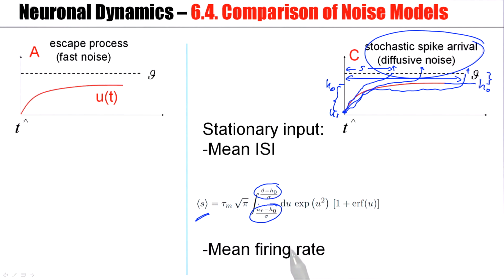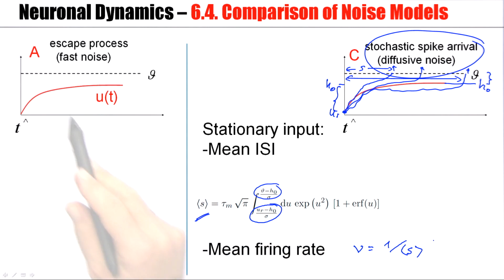Now, knowing the mean interspike interval for stationary input implies that we can calculate the mean firing rate of a leaky integrate-and-fire model for stationary input. And the mean firing rate is just 1 over the mean interval.